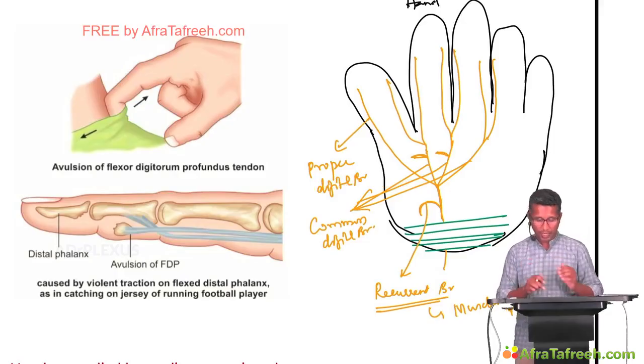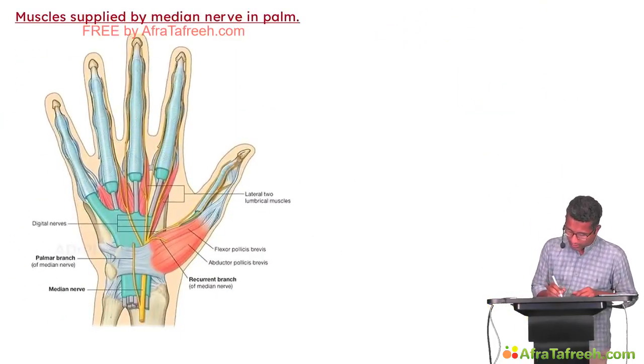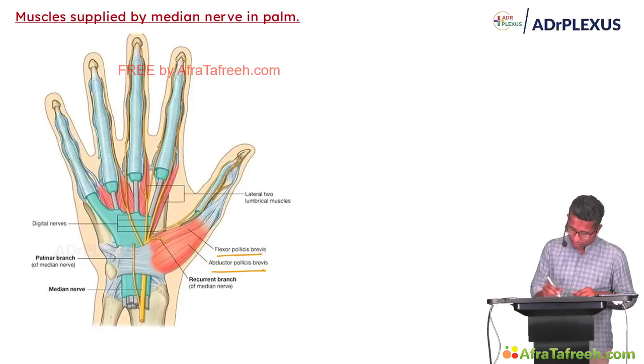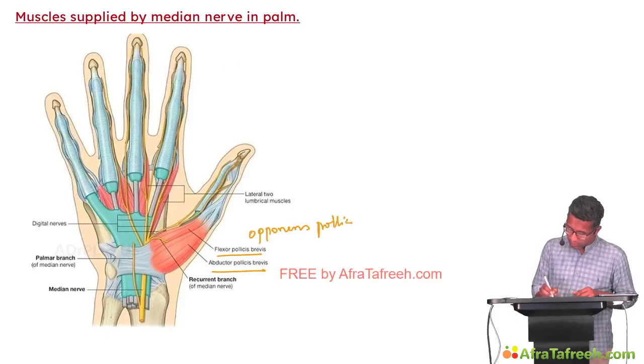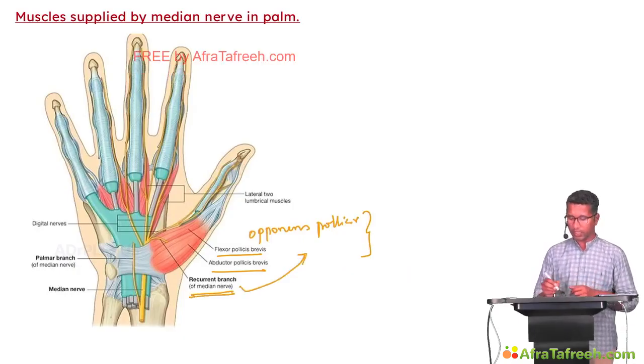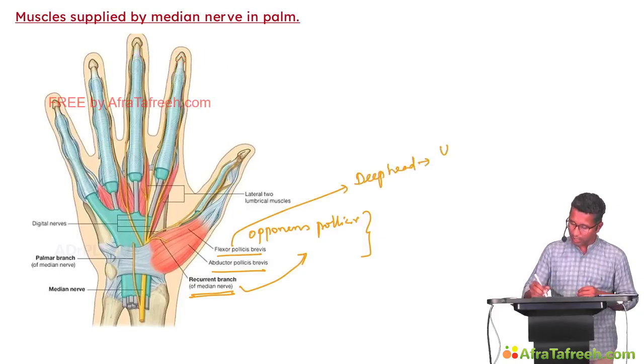Please remember, in the hand the median nerve supplies the flexor pollicis brevis, the abductor pollicis brevis, and the opponens pollicis. These three muscles are the thenar group, supplied by the recurrent branch of the median nerve. Guys, please remember, flexor pollicis brevis has a deep head, and this deep head is supplied by the ulnar nerve.